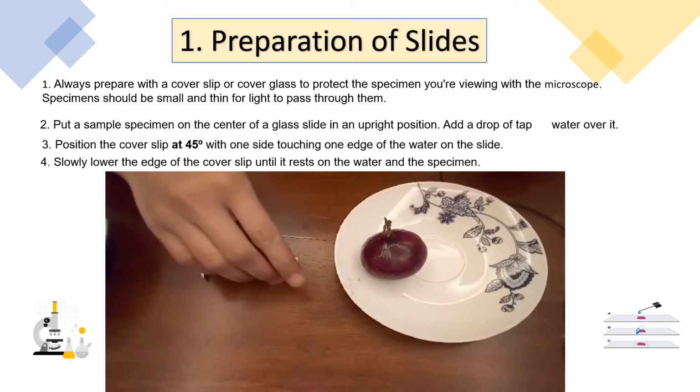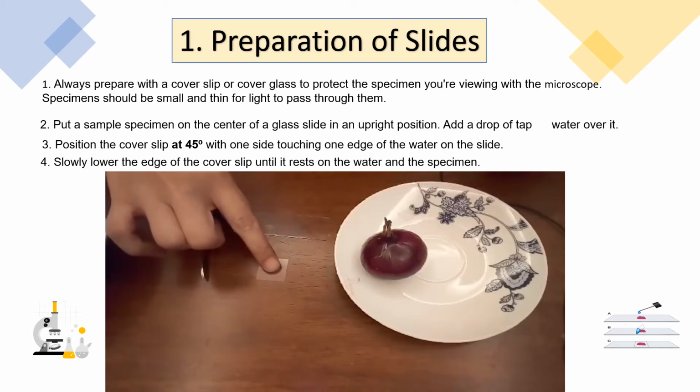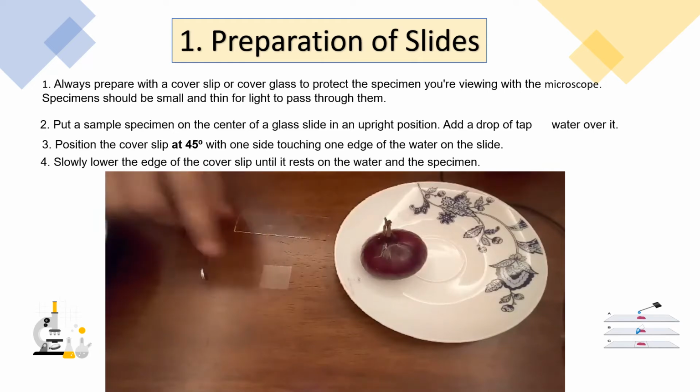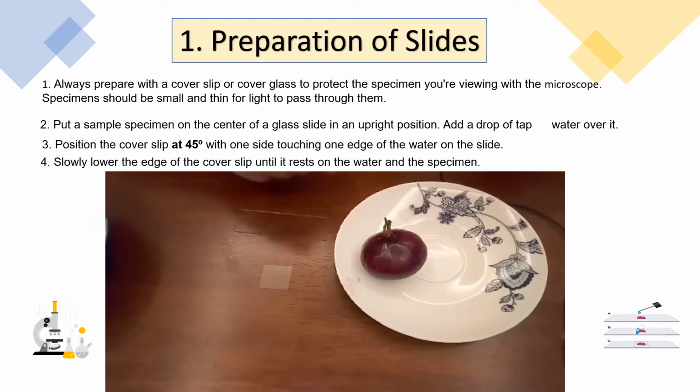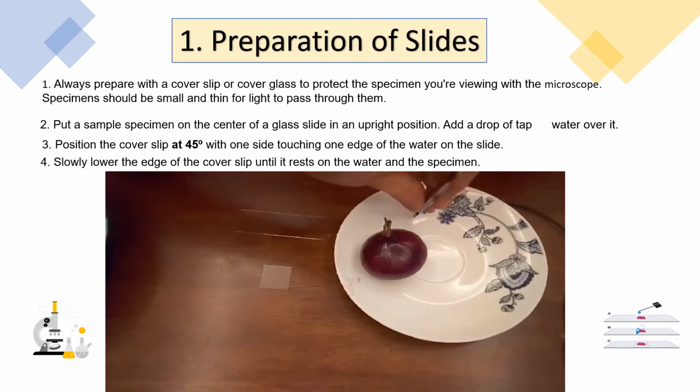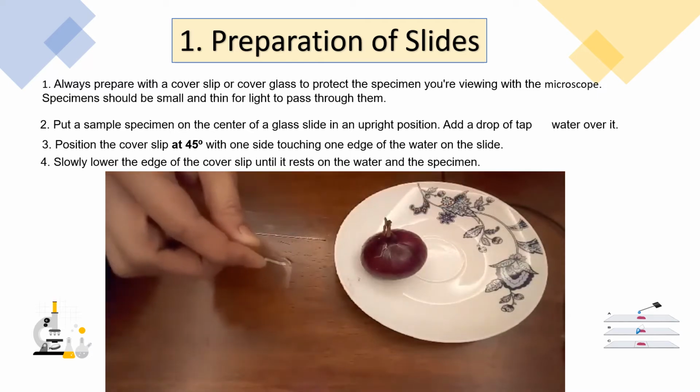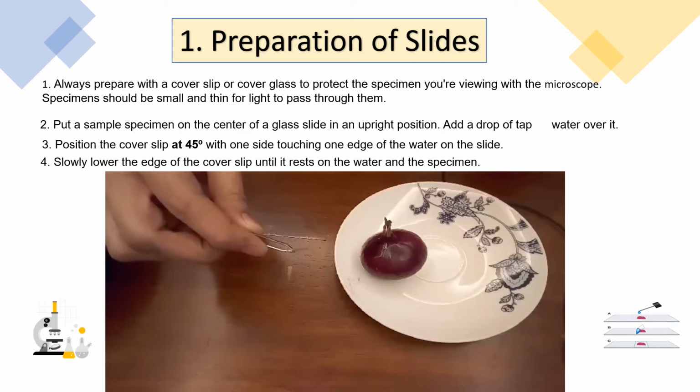Always prepare with a cover slip or cover glass to protect the specimen you're viewing with the microscope. Take note also that our specimen must be thin and small so that light could pass through it.